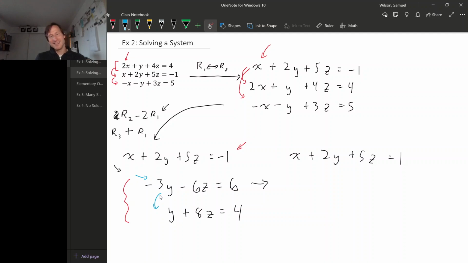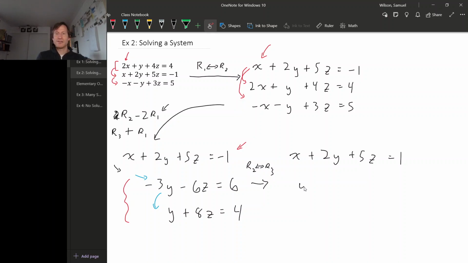But it would be nicest if there were a y times 1 right here, and there are a couple ways to make that happen. We could just interchange the second and third rows. So let's interchange row 2 and row 3.